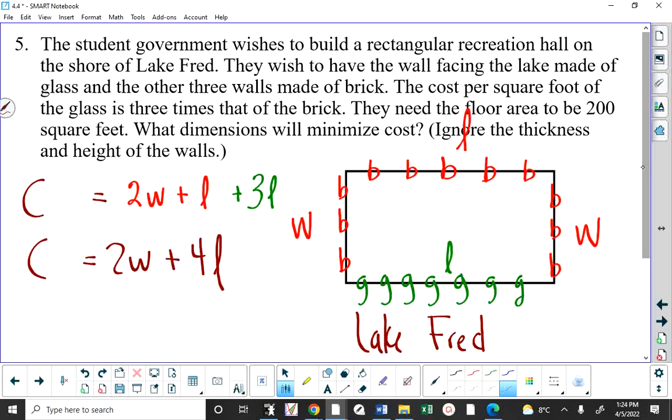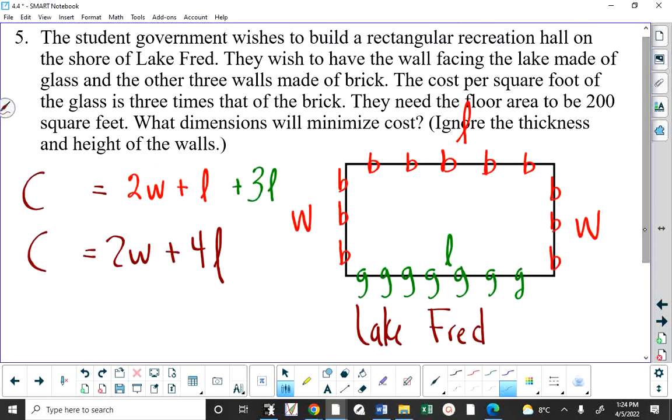Well, how can we get rid of one of those variables, L or W? I'm going to give everybody a second here to read the question a little more carefully. Farhan?